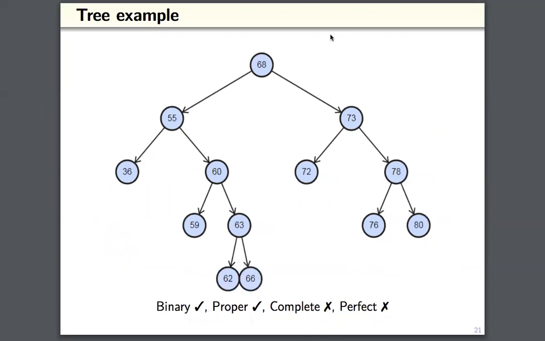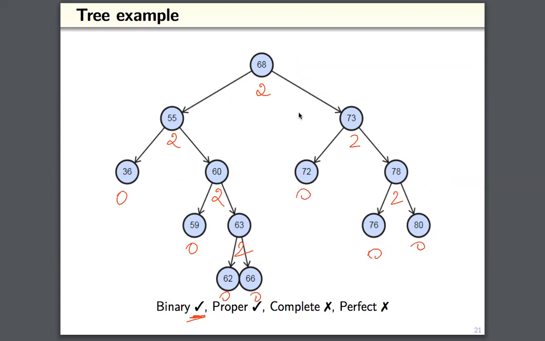Next, what about this tree? The branch factor is at most 2, so it is a binary tree. Is this a proper tree? Seems like, right? So there are 2 child nodes here, 2, 2, 2, 2, 2. And here, 0 child nodes, 0, 0, 0, 0, 0, 0.